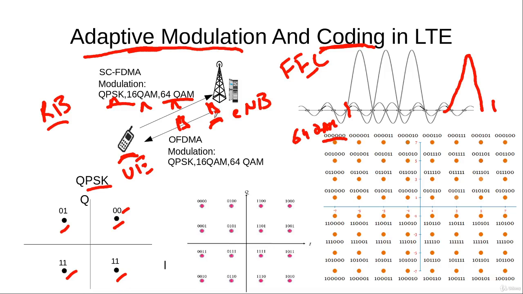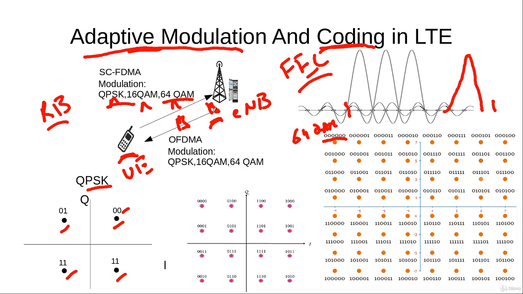But when a user equipment is near to the E node B, we will use a weak forward error correction code. That means we will add fewer bits for the purpose of error correction in the communication of the user equipment.